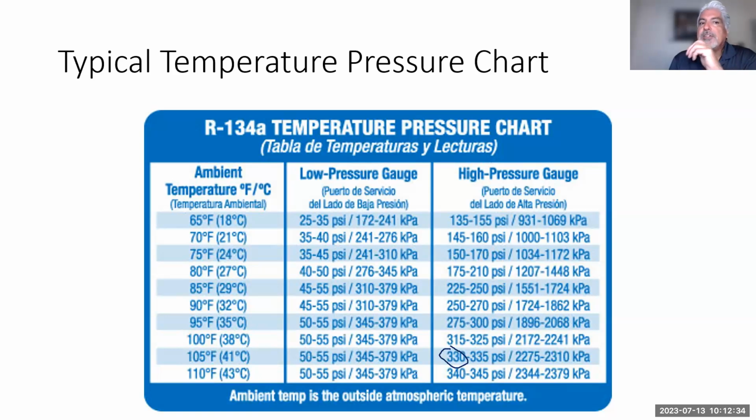So the disadvantage of 134A and also 1234YF is that as that refrigerant sits underneath, you've got to understand, if it's outside, let's look at it realistically. If the temperature outside is 110, what is the temperature in that engine compartment? Obviously, in excess of 110. So that means that refrigerant is in excess of 300 psi.